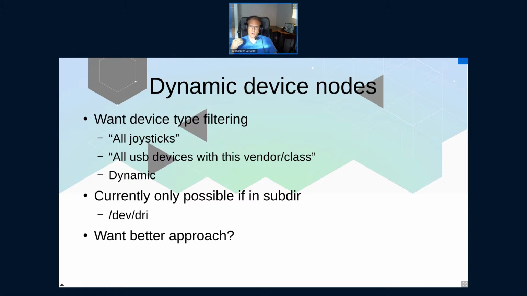Currently we kind of drop all the privileges for bind mounting stuff, so we don't have any babysitting daemon that can go in and modify existing things. So currently we can only do this if there's a subdirectory in the kernel or on the host /dev. Like in /dev/dri, we can mount the entire directory, and then any updates in that will get propagated into the sandbox. But for USB, for instance, it's much harder to do that.